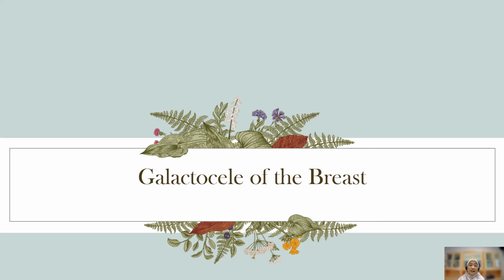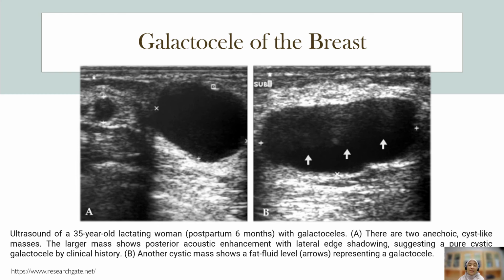So, this is the last topic of our lab work, galactocele of the breast. Galactocele is related to lactation process, commonly found in breastfeeding or post-breastfeeding women. In ultrasound, the galactocele appears as a cystic mass resulting from milk accumulation due to mammary gland obstruction.